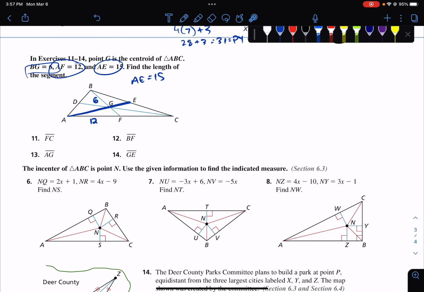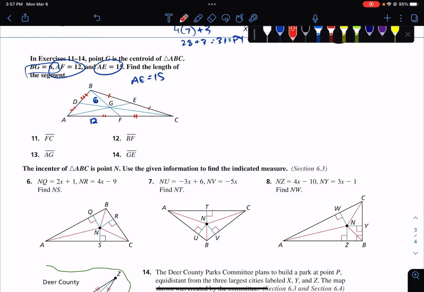First thing you need to know about the centroid is the centroid is created by going from the corners to the midpoints. So that means this piece and this piece are equal lengths, and this piece and this piece are equal lengths, and this one are equal lengths because those points are midpoints.